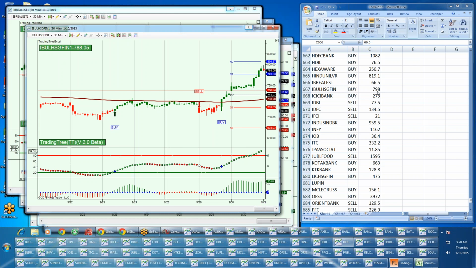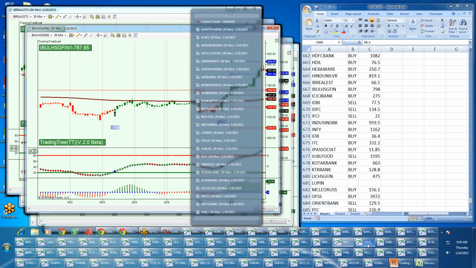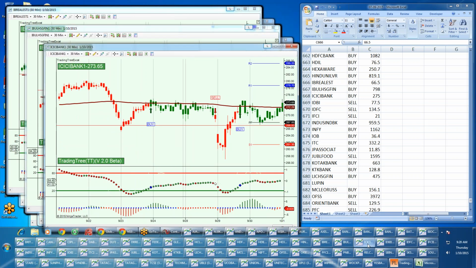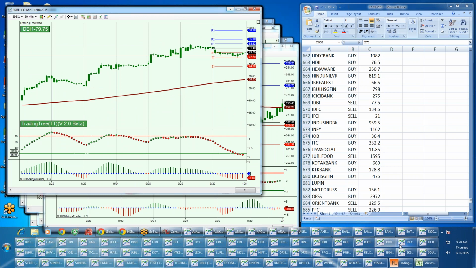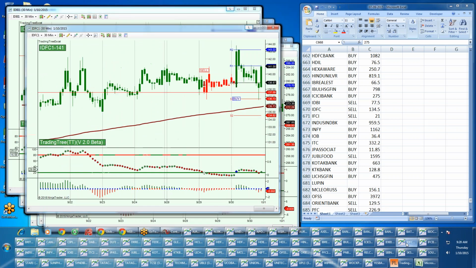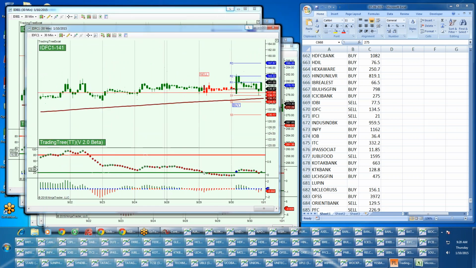IBUL 798 is my buy. That's ICICI. IDBI, it's IDFC 134.50.